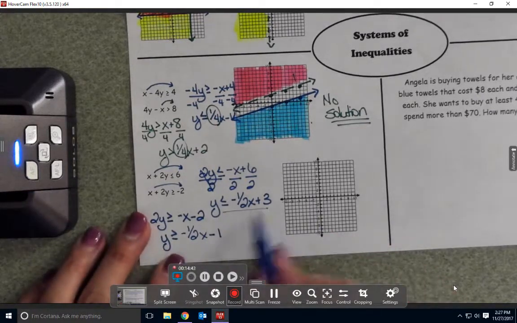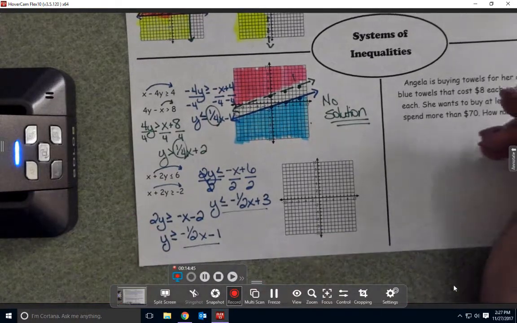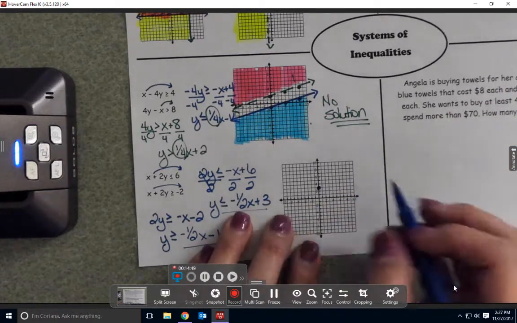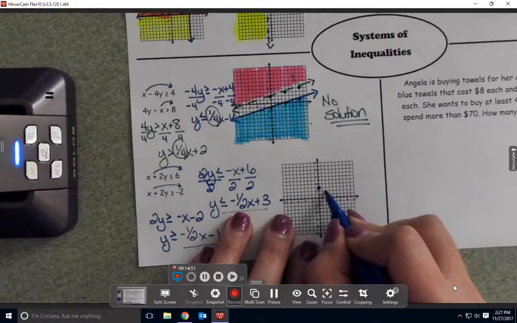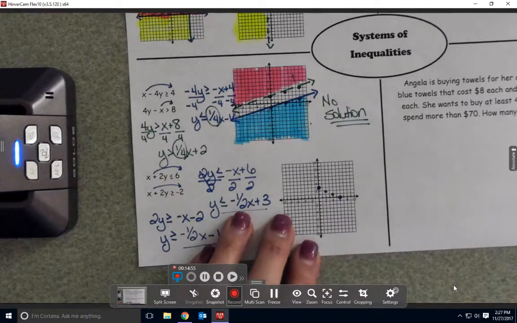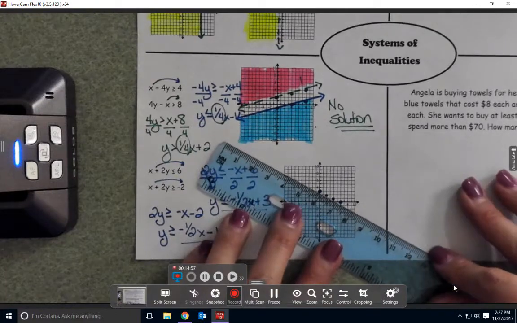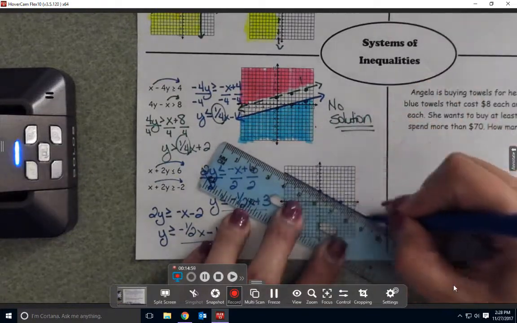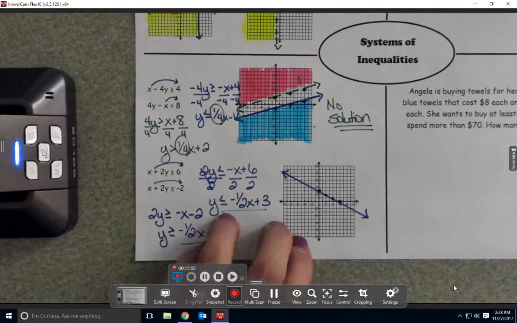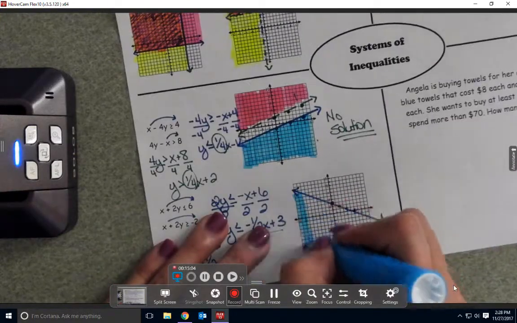Okay, so now we've got our two inequalities, and graphing this one, I'm starting up here at 3, and then my slope is a negative 1/2. Remember, you go down 1 over 2 for that, and it's equal to, so it's going to be a solid line. And then everything that is less than or equal to this line is going to be shaded below.